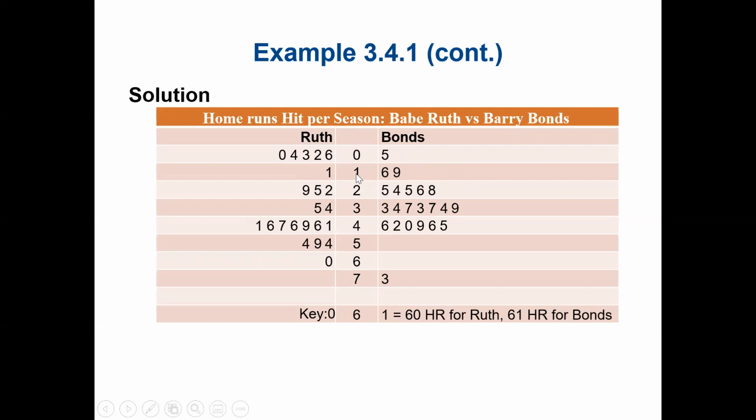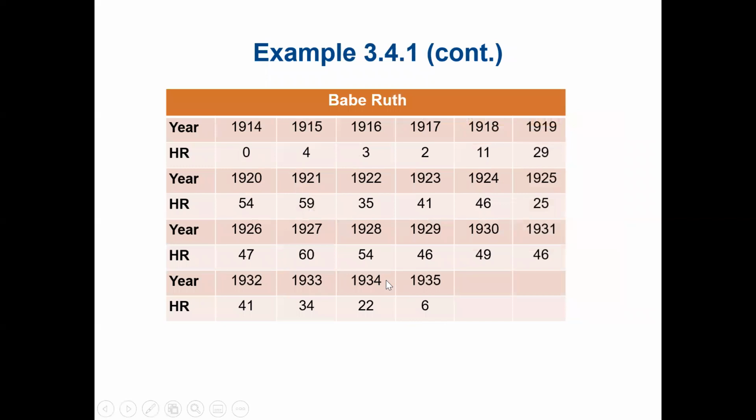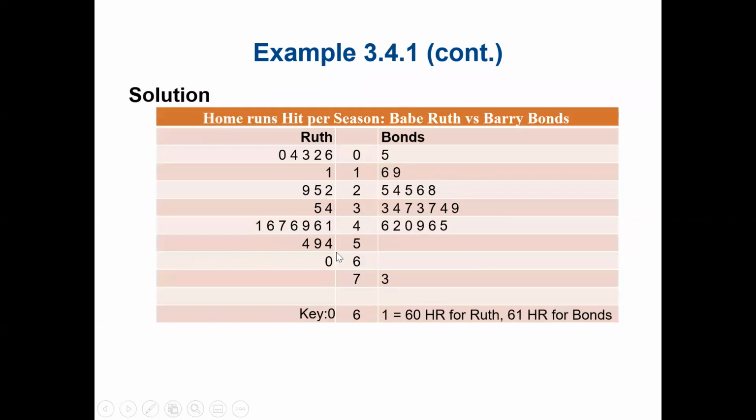Now 1 means Bonds has 16 and 19, while Ruth has 11. 2 means 25, 45. So when we look at the data, we can see, for example, 1920, we have home runs 5-4, which means Babe Ruth, which means it will be at the 5, and we have the 4. That time we have 2, 54, 54, and 59.